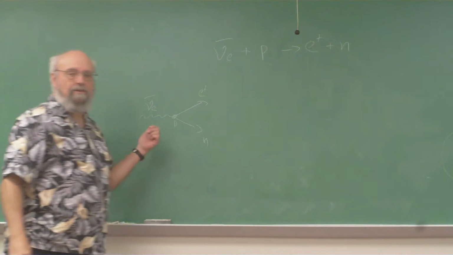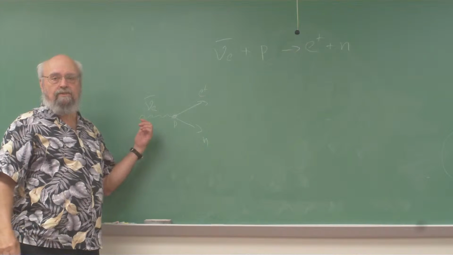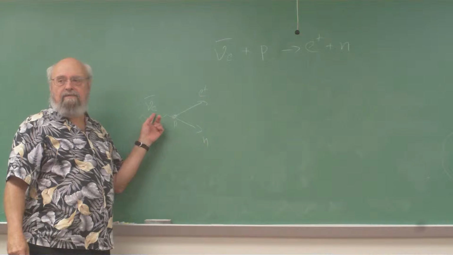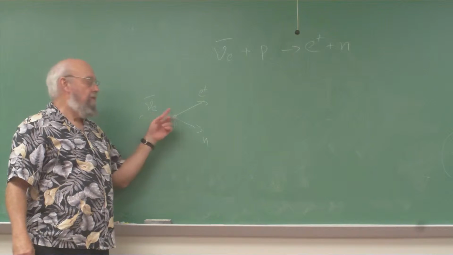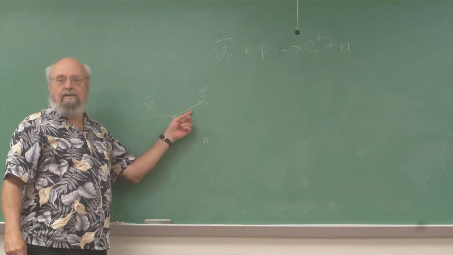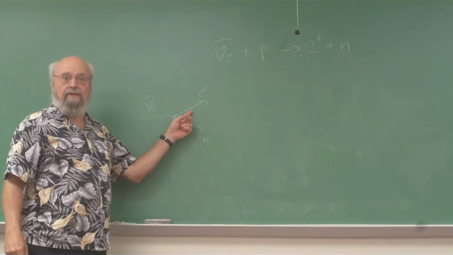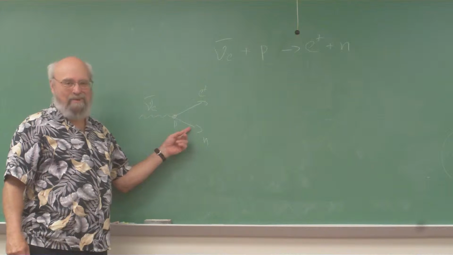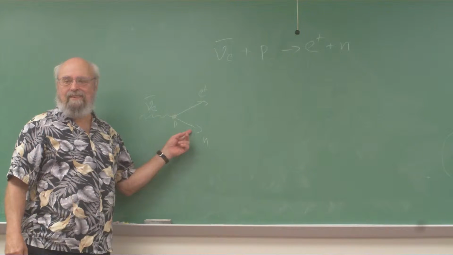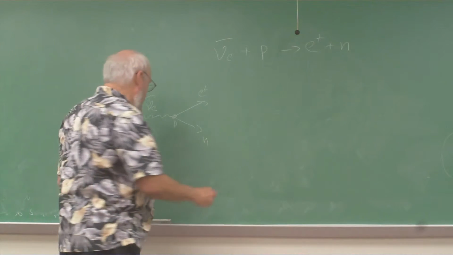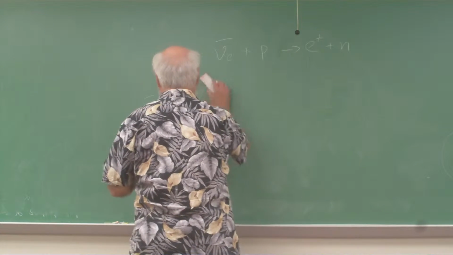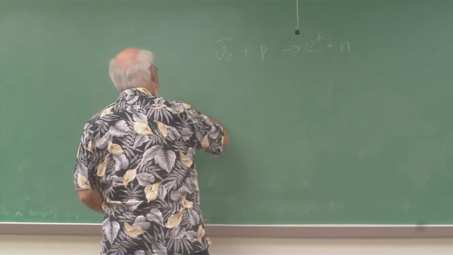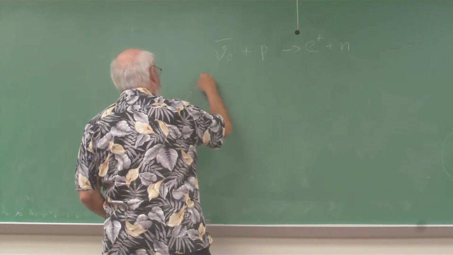Now the amusing situation for exactly the energies under discussion here is that this energy is a couple of MeV. So this guy gets a fair fraction of the kinetic energy, and this guy gets most of the momentum. So it's very confusing. In practice, if you draw a picture of the velocity vectors, the neutron is going pretty much straight ahead, and the positron comes off at some angle.